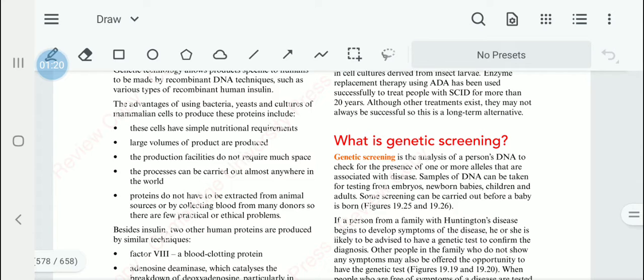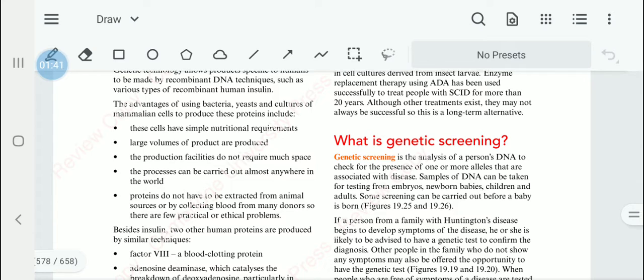You don't need massive factories to produce them, and you can produce them anywhere in the world. You require specialist instruments, but they are simple enough to be made anywhere.